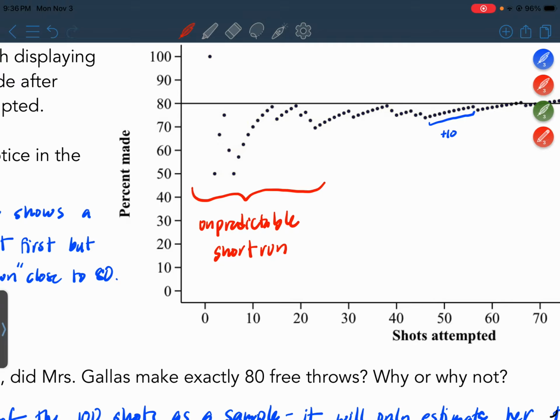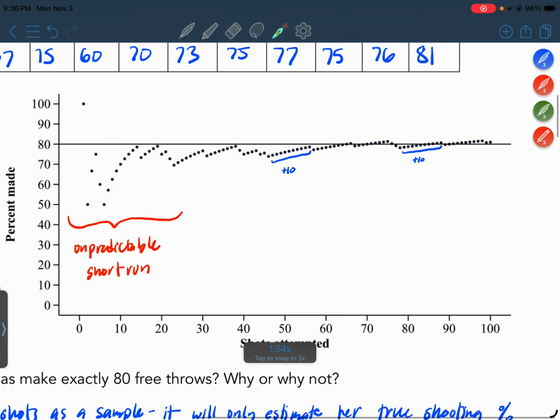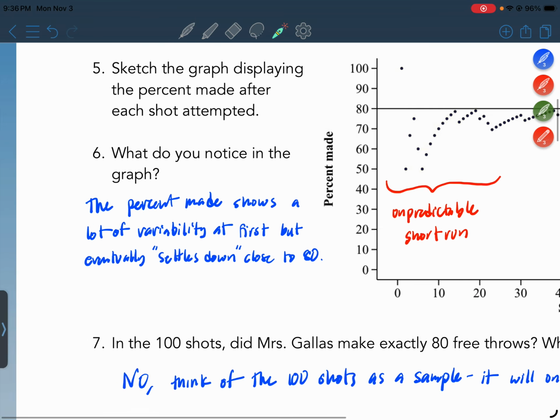However, we see that when she's taken 80, 90, 100 shots, things are kind of stabilizing now. The percent of shots that she's made is settling down here at about 80%, right? So once she's taken about 50 shots, we're not seeing a whole lot of change in her percent made. It's just hovering around 80%.